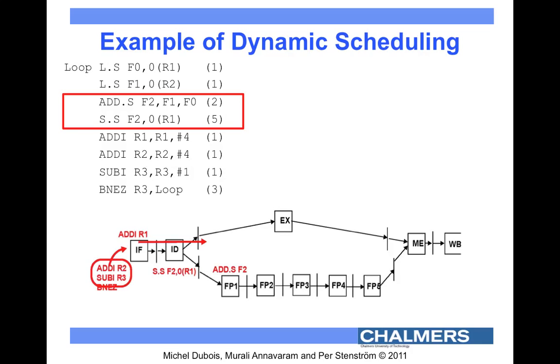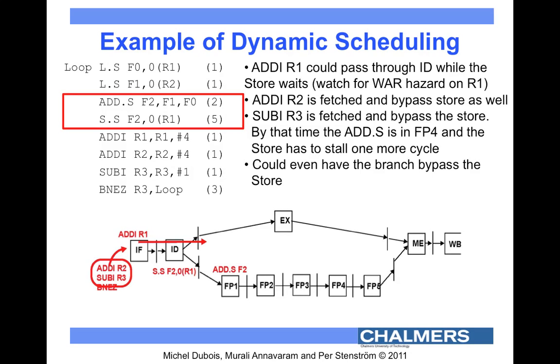The problem with that is that although all subsequent instructions, which are integer instructions, could actually bypass the store and get executed through the integer execution stage, they are blocked because of the stalled store instruction.